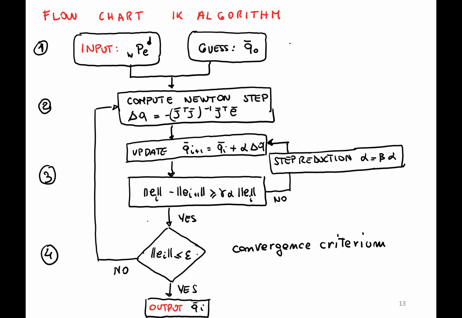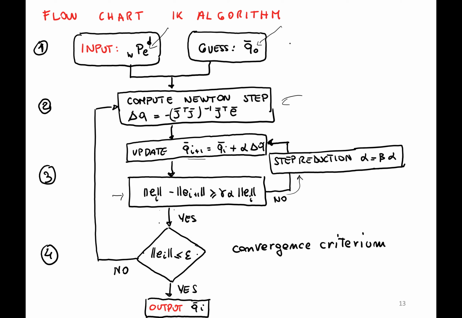you can summarize it here. So we start with an input, the end-effector position, an initial guess, and we compute the Newton step here for the linearized problem. We try to update the configuration. We check the error. If there is no reduction of the error, we reduce the step. We take another configuration to test.